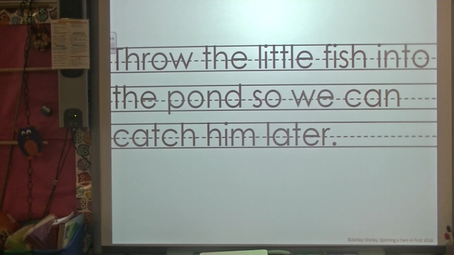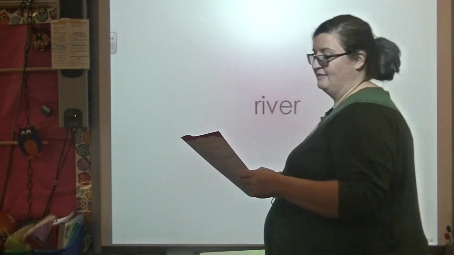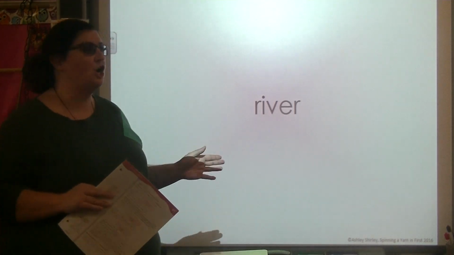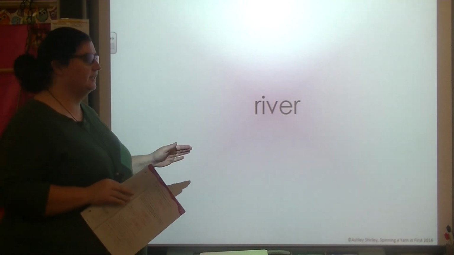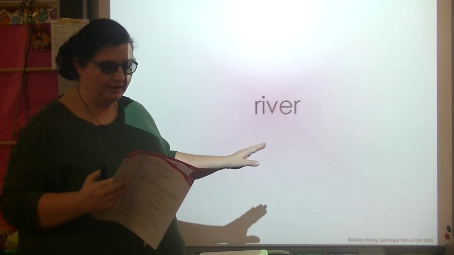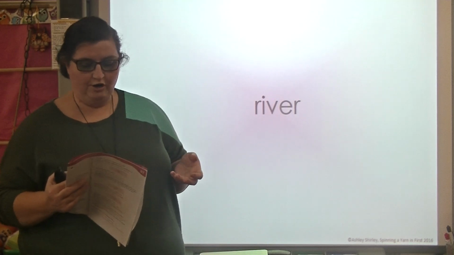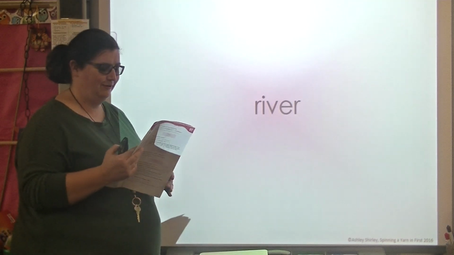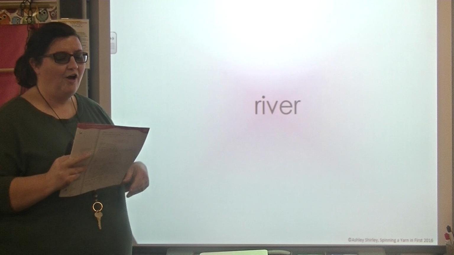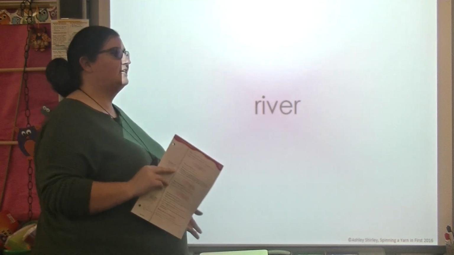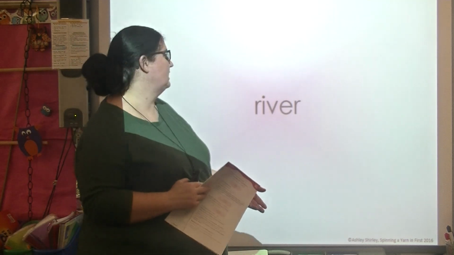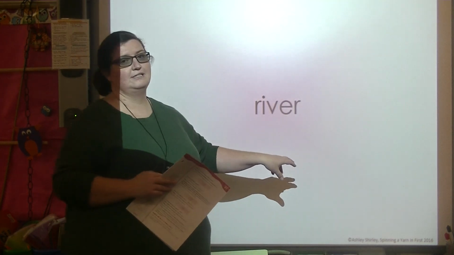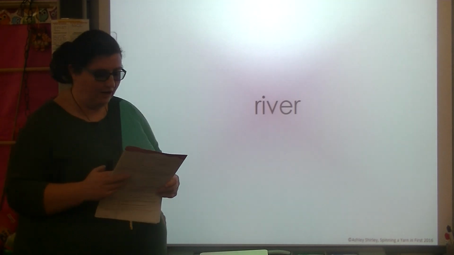All right, let's look at this word. Let's pretend we don't know this word. I know we all know it, but let's pretend we don't. When we look at a word, what is the first thing we do before any coding? We look for final stable syllables or suffixes at the ending. Do we have any? No, we don't.